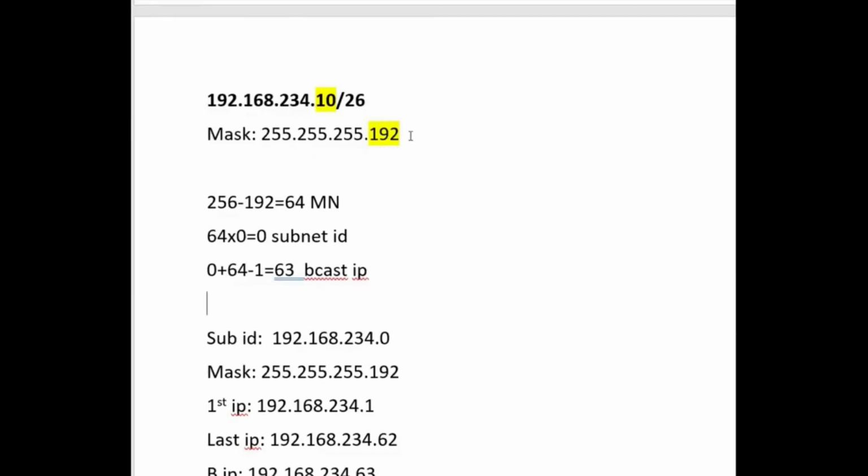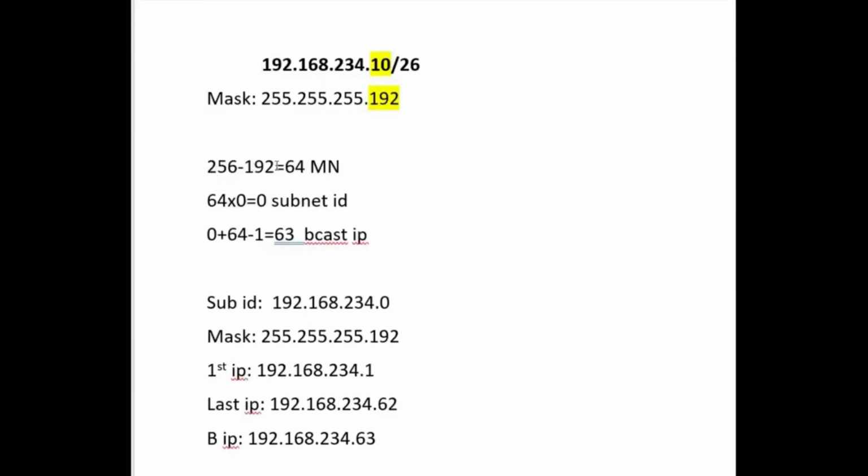So in this subnet mask, this is not 255, not 0, so that's why this is different. This is called the interesting octet. In the same octet, we put the value here. Now this 10 is also part of this interesting octet. These two things we need when we do the subnetting math.